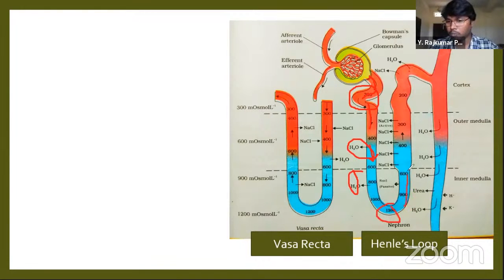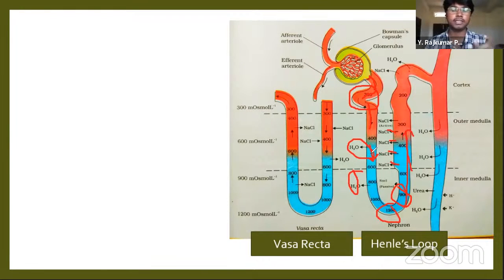As it is moving upward, there are other changes happening here. What is happening? NaCl is going outwards. You can see here. Since here the water is not moving out, but the salts, NaCl, is moving outward. Since the removal of the solutes, the concentration of a solution will get decreased. The same way happening here. Due to removal of the solutes, the concentration of the filtrate is getting decreased as it is moving upward.